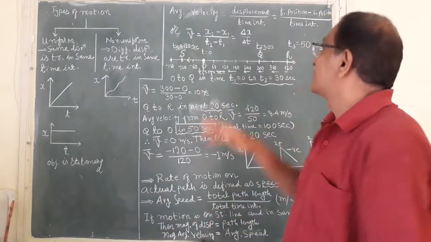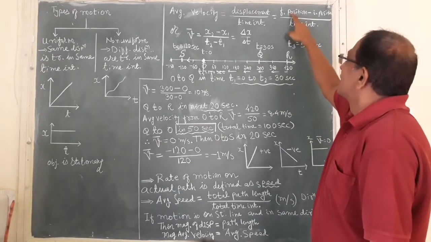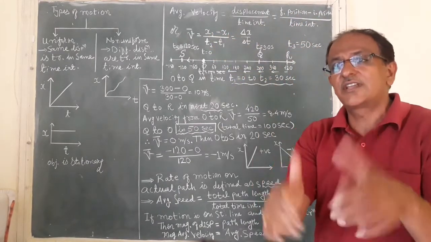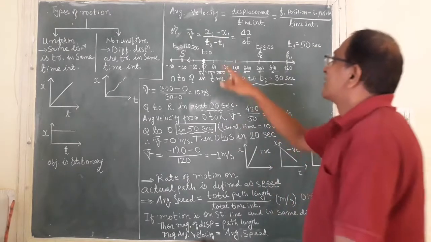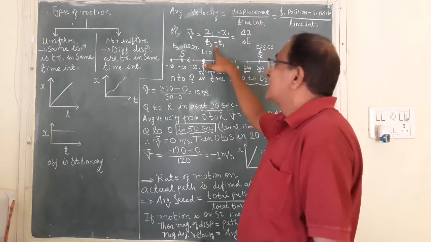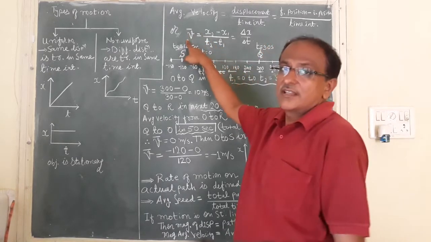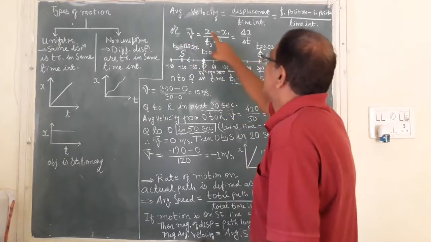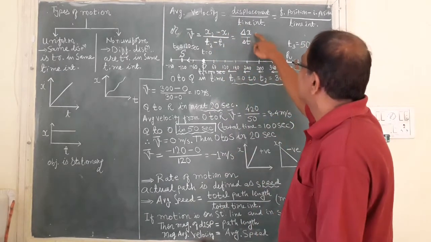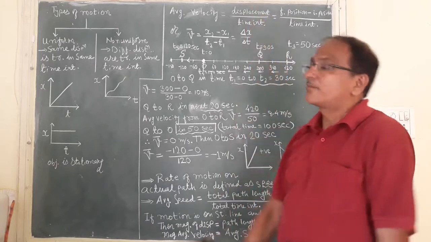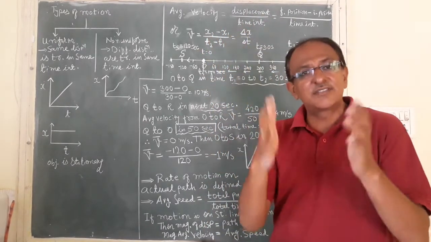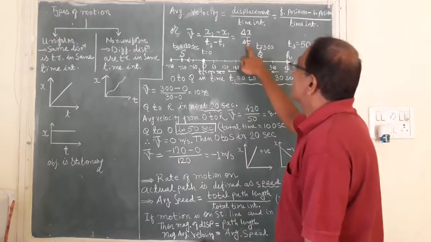So if the final position is taken as x2 and the initial position is taken as x1, final time is t2, initial time is t1, then average velocity v bar is equal to (x2 minus x1) upon (t2 minus t1), that is denoted by delta x upon delta t. x2 minus x1 is delta x, that is change in position upon time interval.